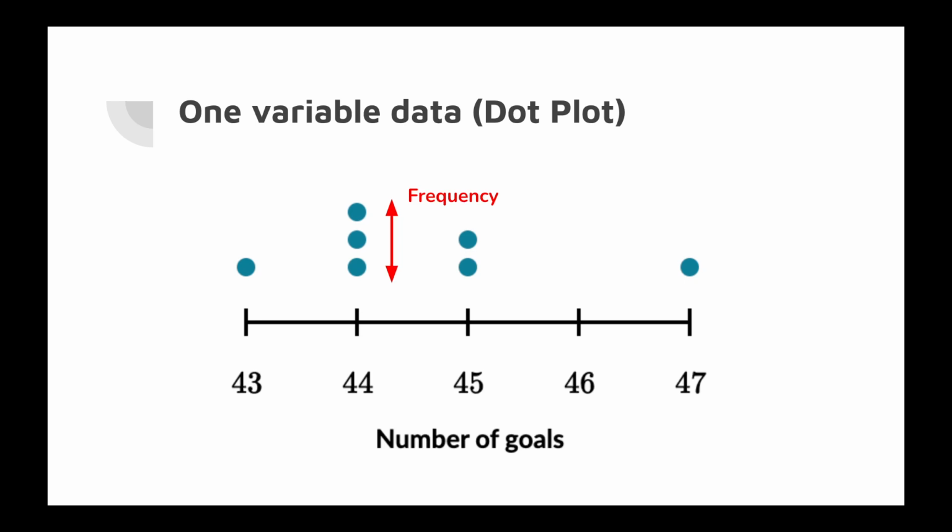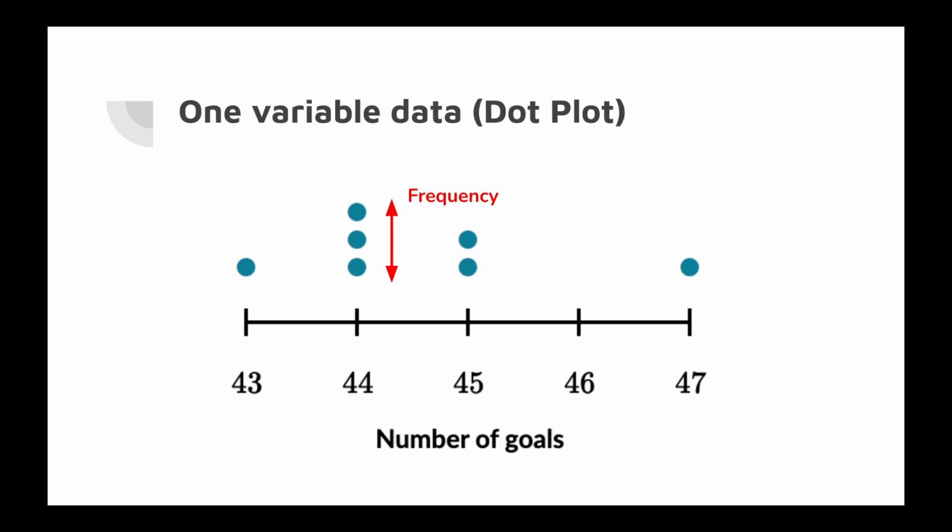If you look at our example here, let's say that this is the number of goals that one soccer player made throughout the season. So we can see there is one dot above 43, three dots above 44, two dots above 45, zero dots over 46, and finally one dot over 47.